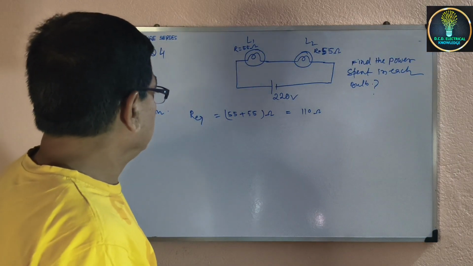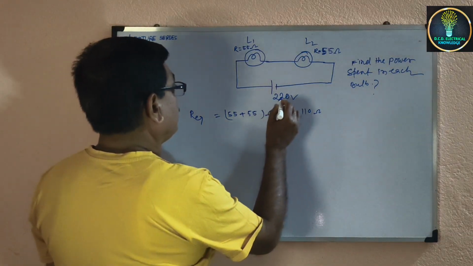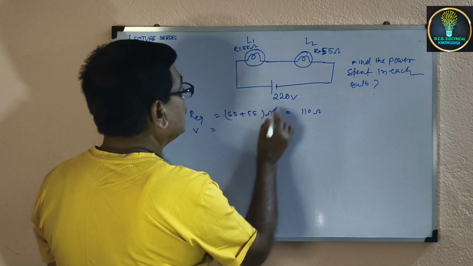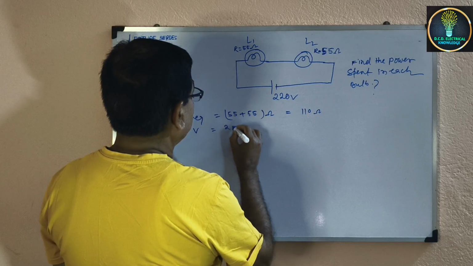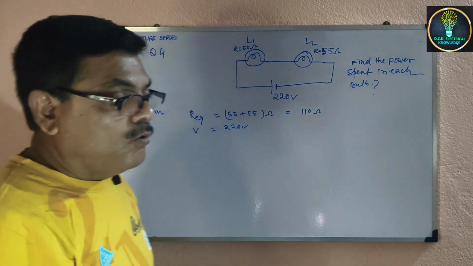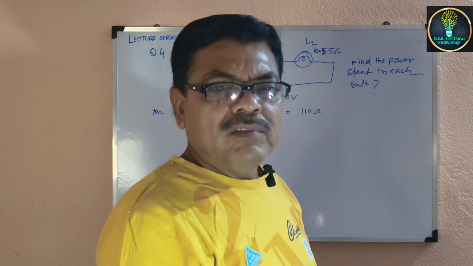And V, the supply voltage, is equal to 220 volt. So what is the current flowing through the circuit?